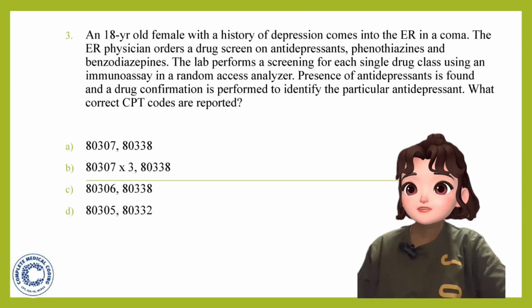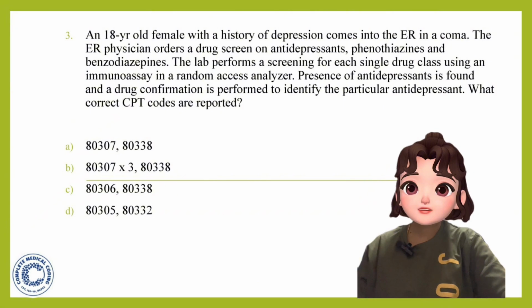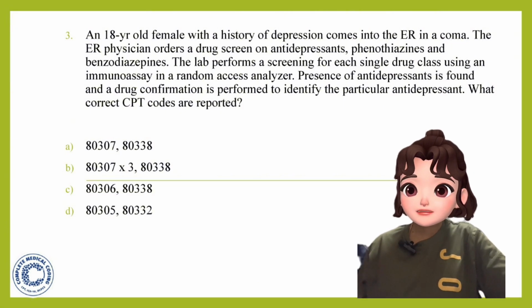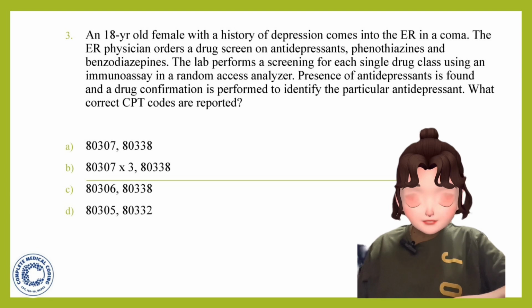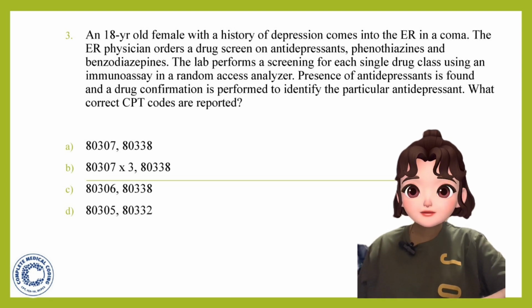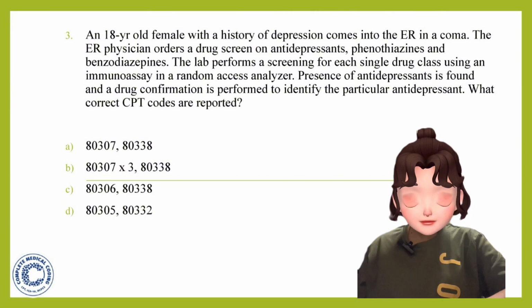Okay, so here you have to code for the antidepressant codes. Let's move directly to the first option, 80307 and 80338. What is 80307? This is a drug test code: drug test presumptive, any number of drug classes.